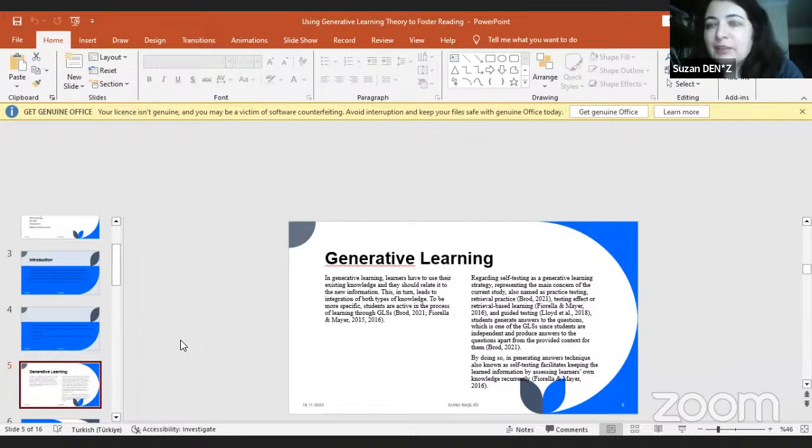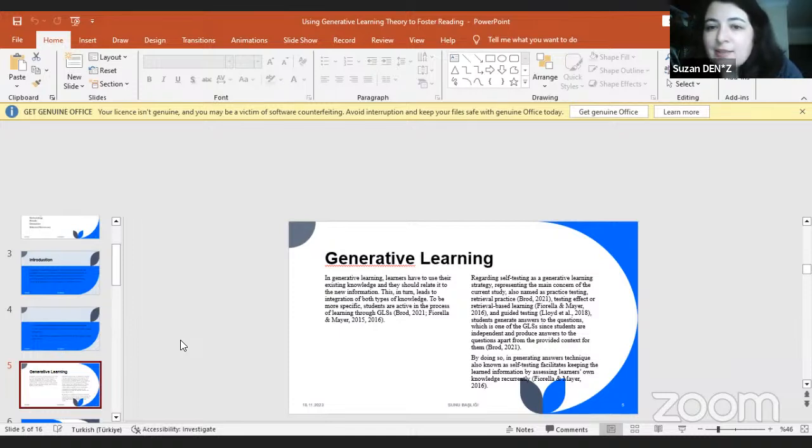And the particular skill we have chosen is reading, regarding self-testing as a generative learning strategy, representing the main concern of the current study, also named practice testing, retrieval practice, testing effect or retrieval-based learning, which is denoted by several theoreticians.